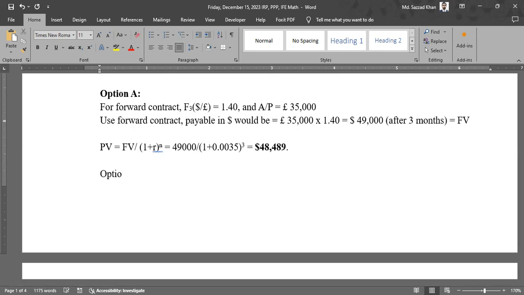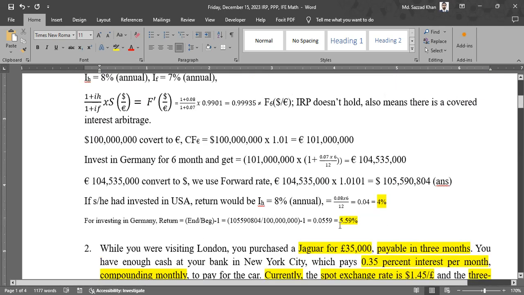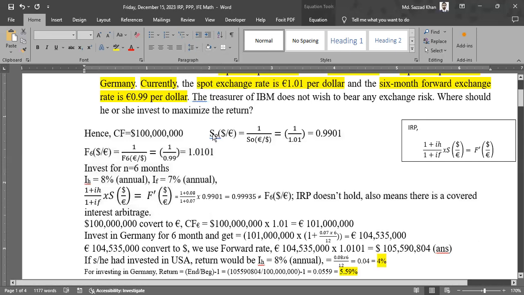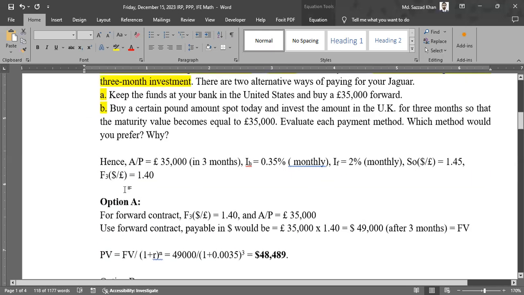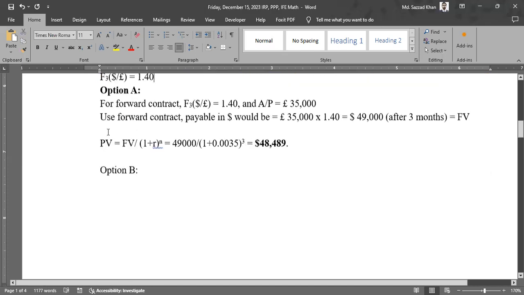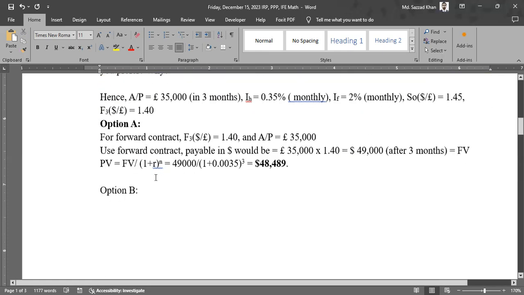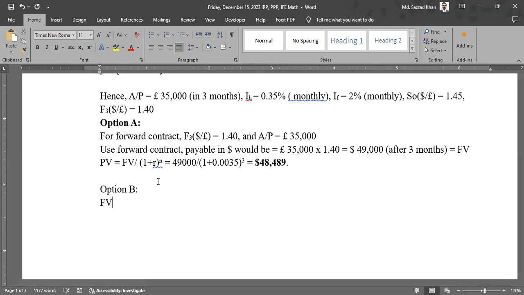So now we'll check option B. What is the future value already?